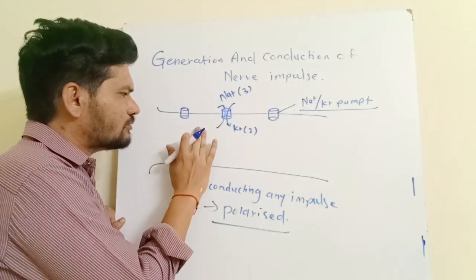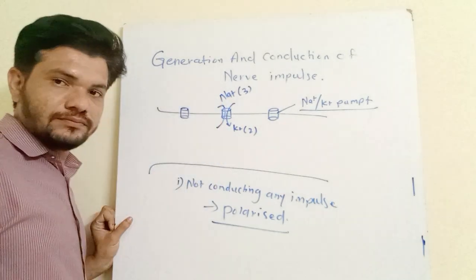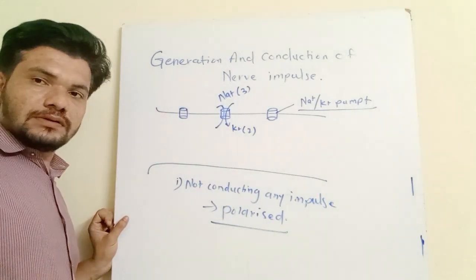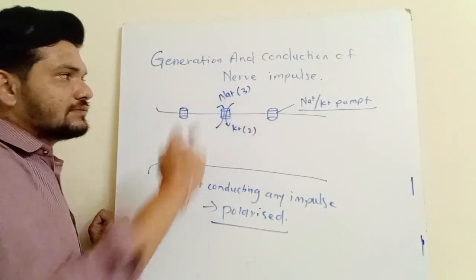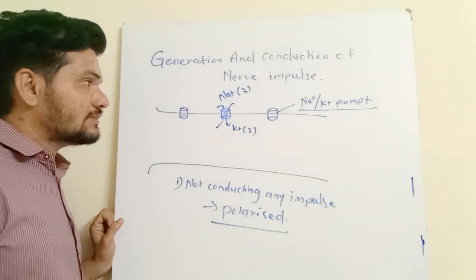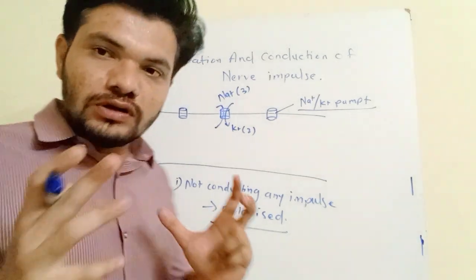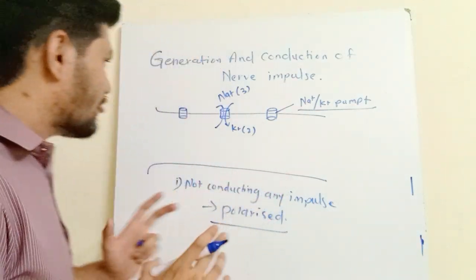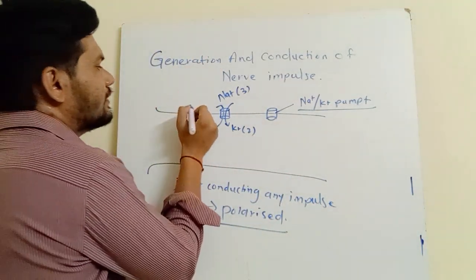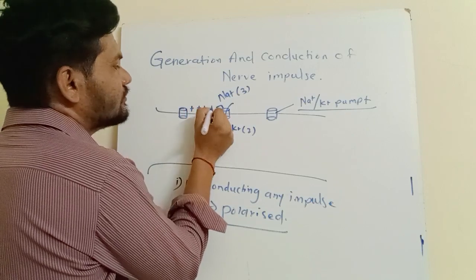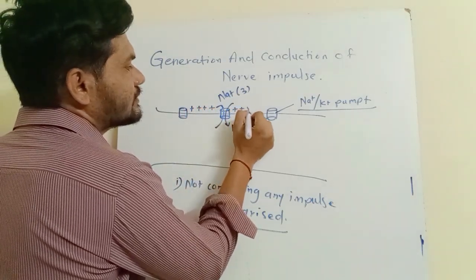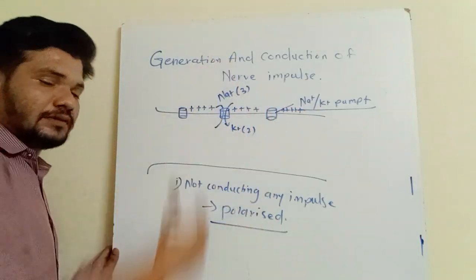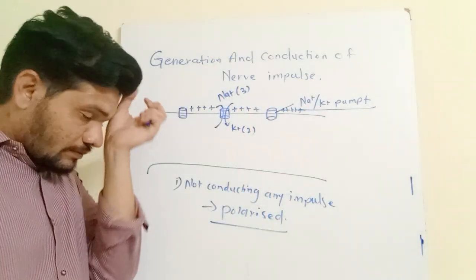So negatively charged proteins are not going outside, and this pump is sending 3 Na plus ions outside, which creates an ion gradient. So that's why the outer membrane has positive charge whenever it is in polarized state. Why? Because Na plus ions are much more present outside of the axoplasm.